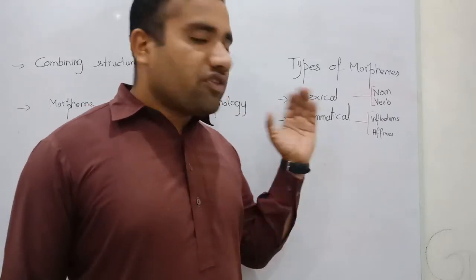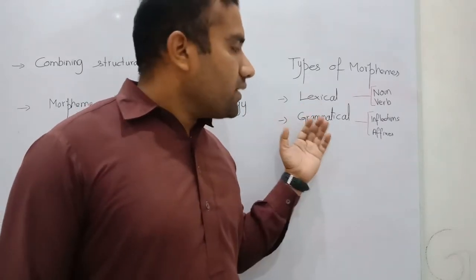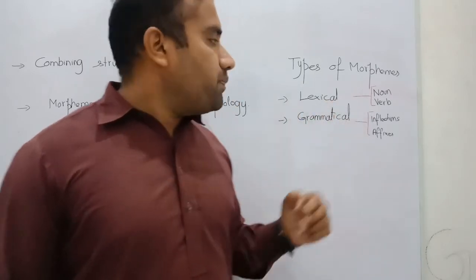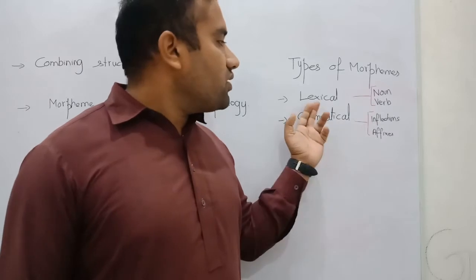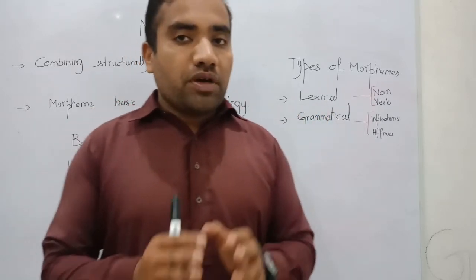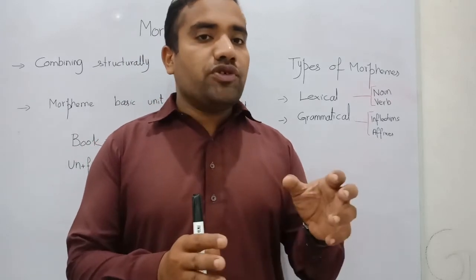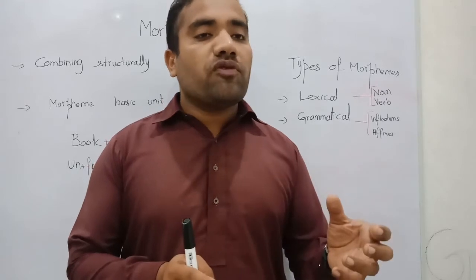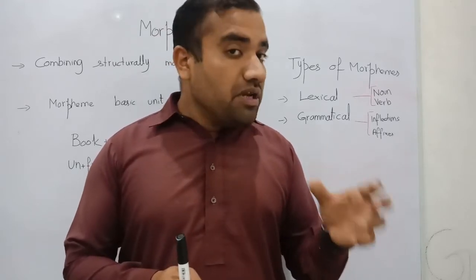Number one, lexical morphemes. Number two, grammatical morphemes. These are the two types of morpheme. A lexical morpheme is a morpheme that gives you the semantic content, and particularly these morphemes can exist independently.